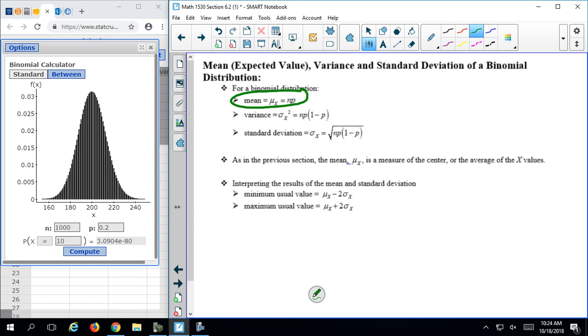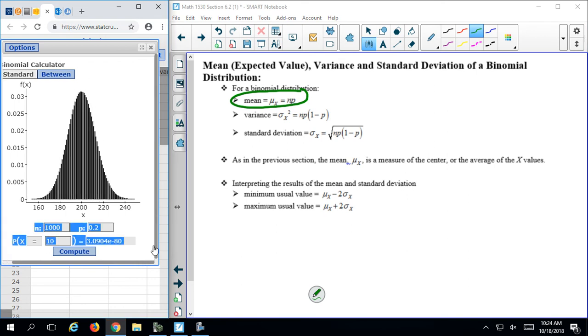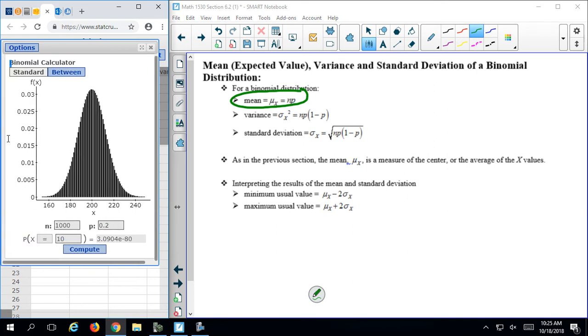It's so easy that StatCrunch does not calculate it for you. You can't do this with StatCrunch. There's not a mean binomial function. The custom calculator gives you the mean and standard deviation, but this binomial calculator does not. There's no mean anywhere in here. So it's just n times p.